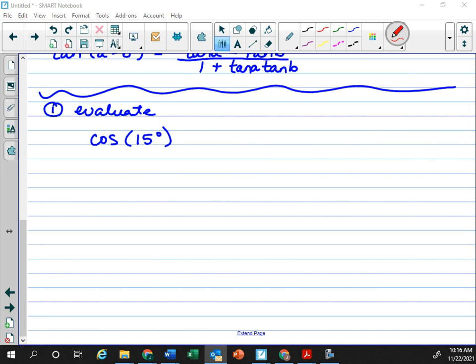Based on angles that you know from the unit circle, can you think of 2 angles? 45 minus 30, good. There are lots of other angles you could have picked. You could pick 60 minus 45. You could pick 315 minus 300 if you wanted to. Staying in the first quadrant makes it easier because you don't have to worry about any negatives. So let's do 45 minus 30.